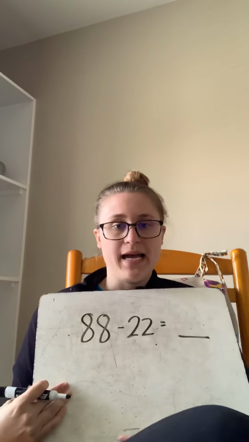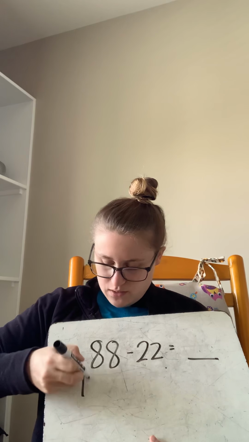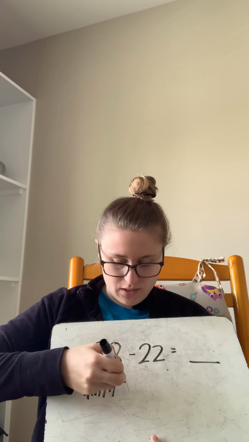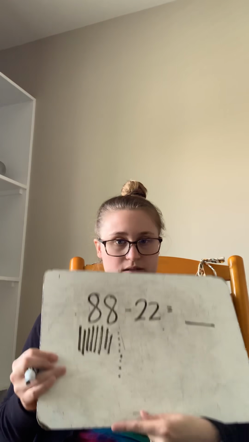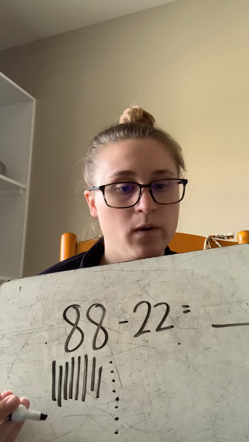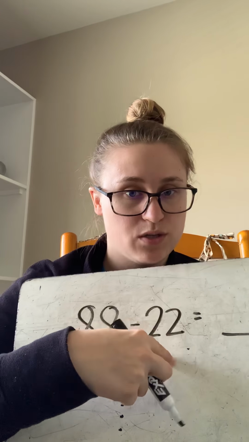Step 1 told me that I need to go ahead and draw my first number with rods and dots. So 10, 20, 30, 40, 50, 60, 70, 80, 81, 82, 83, 84, 85, 86, 87, 88. So there's 88. Now I'm subtracting, so I need to take away 22. So I know that 22 is 2 rods and 2 dots.